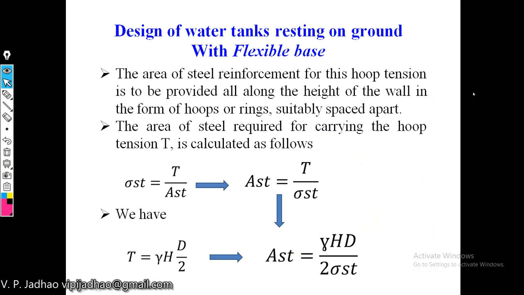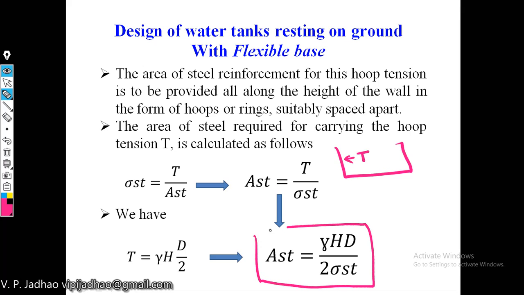Then the area of steel that will be required for resisting this particular hoop tension in the wall of your water tank. If this is your wall, and it is subjected to some hoop tension T, then the area of steel required can be calculated by this formula.